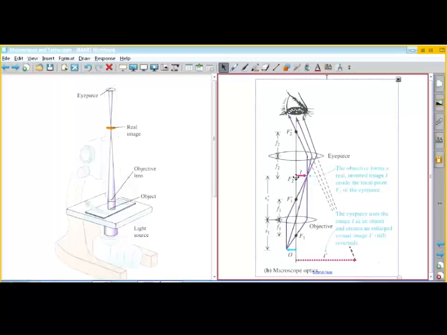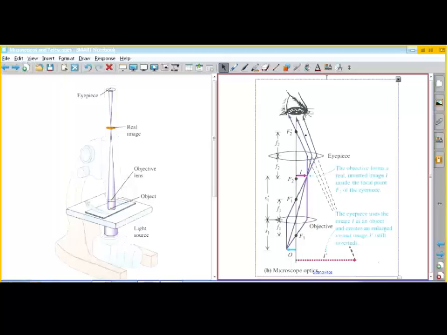Now, because it's inside the focal point of this second lens, it creates this virtual image. If we go through this point towards this glass, we go straight, it goes to the second focal point. And then it just shows three other lines, which are diverging, and that's what our eyes are able to see, diverging lines.